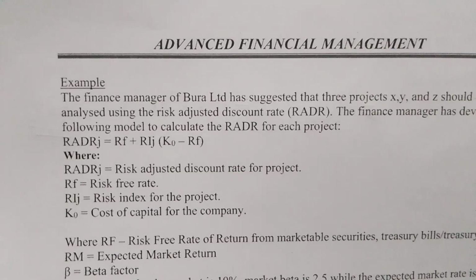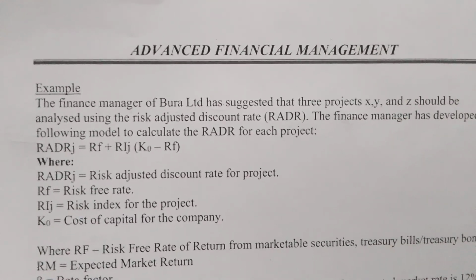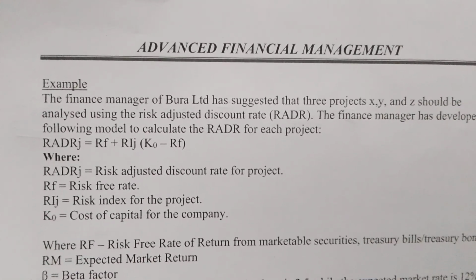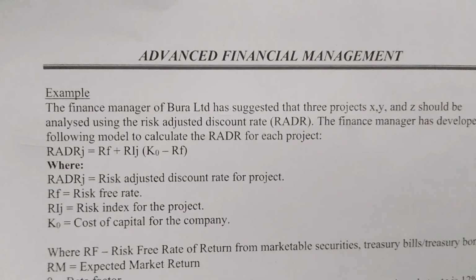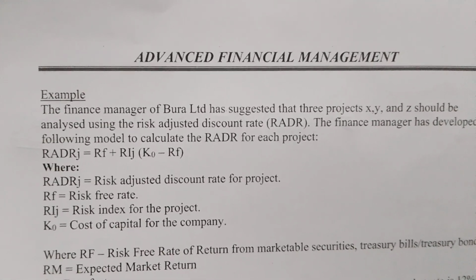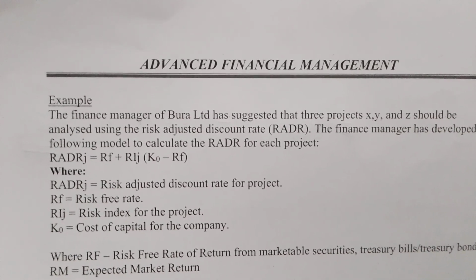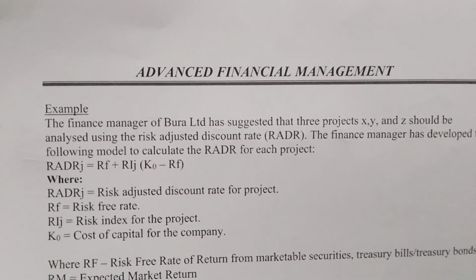That is RF. We have said when you want to calculate the cost of equity or cost of capital, you'll be taking risk-free rate plus the beta factor into brackets expected market rate minus risk-free rate.